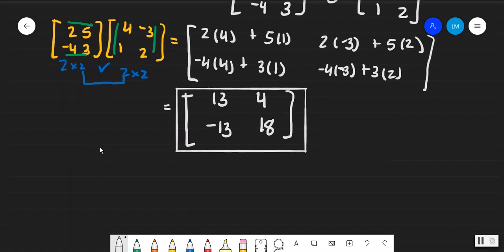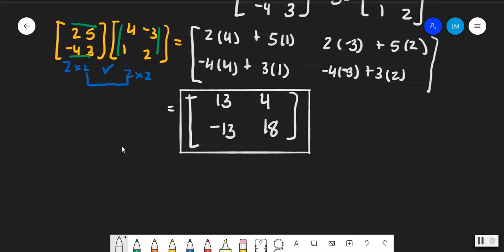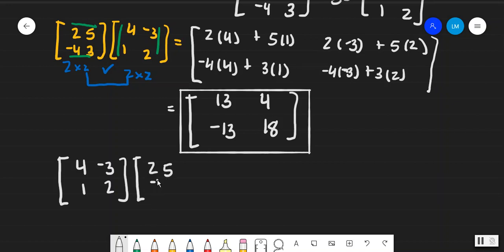Now, if I was to reverse the process, for whatever reason, if I wanted to find B times A, okay, so if I take B times A, the main thing that you should realize is that when you multiply this through, you're going to get 20 for the first entry, because that's 8 plus 12.